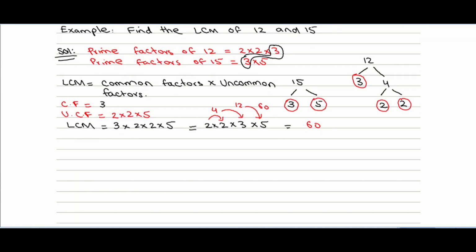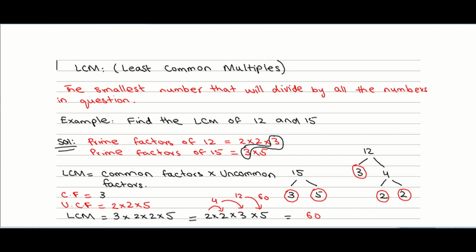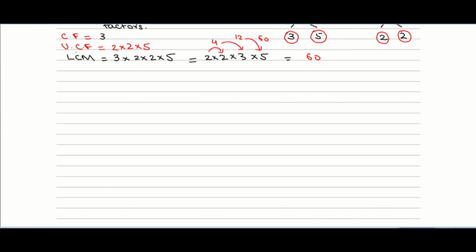We can do one more example to understand the concept of how to find the least common multiple. If we have to find the LCM of more numbers, we also repeat the same procedure. So let's say example 2.